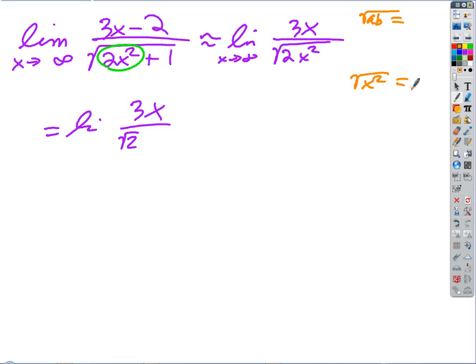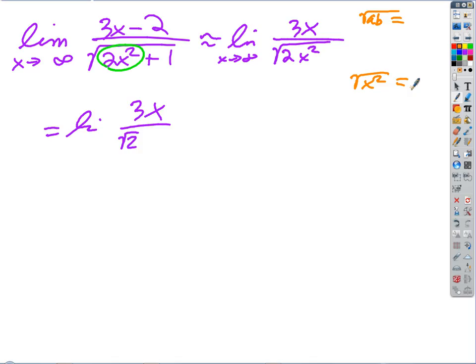X. No. In a sense, yeah, but that's the definition of a function. Think what this does. If I input positive 3, 3 squared is 9, square root of 9 is 3. If I input negative 3, negative 3 squared is 9, square root of 9 is 3, so what leaves a positive?